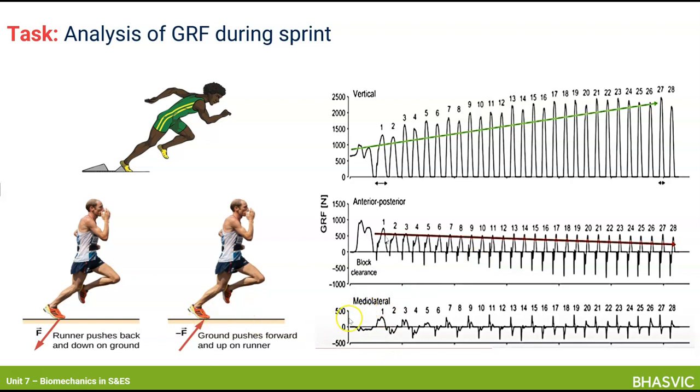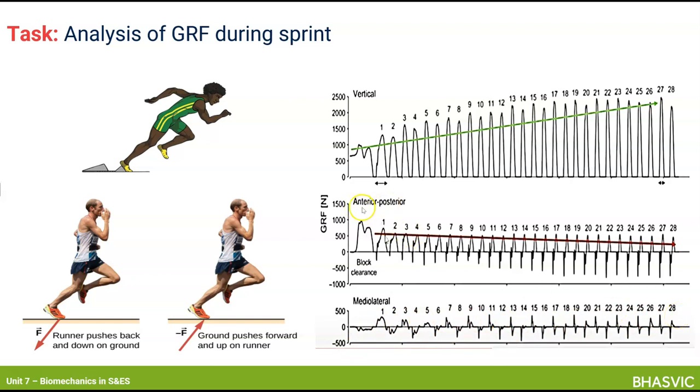However, the bottom one, which is probably least relevant, shows mediolateral forces, side-to-side forces when you put your foot down. That's not particularly relevant in a straight line sprint. Maybe on a bend in a 200 or 400 meters there may be more variation in those forces, but I would for the moment ignore that one.